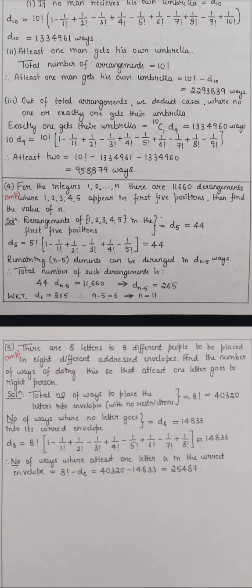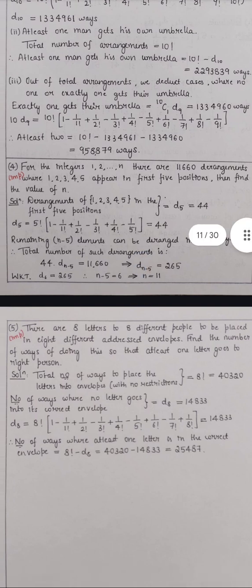Why? Because exactly one gets the umbrella, that is 10C1 cases. One getting from 10 umbrellas means one opportunity is there, so that's why 10C1 into d9.